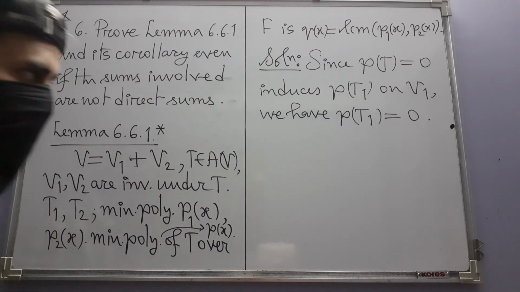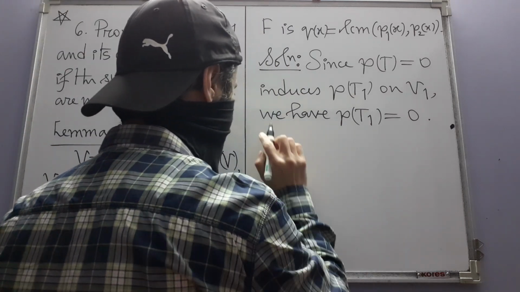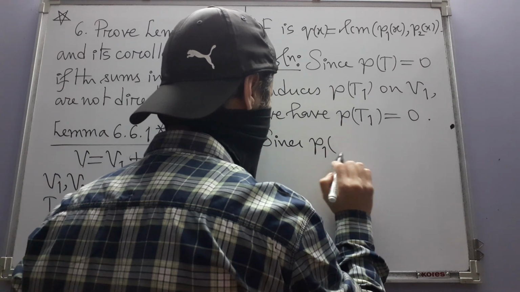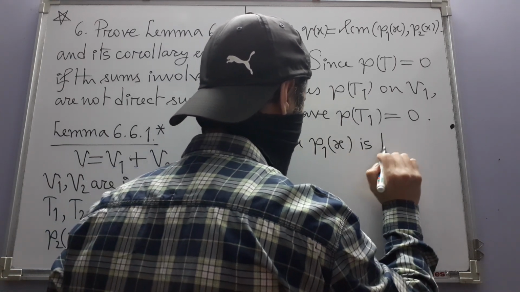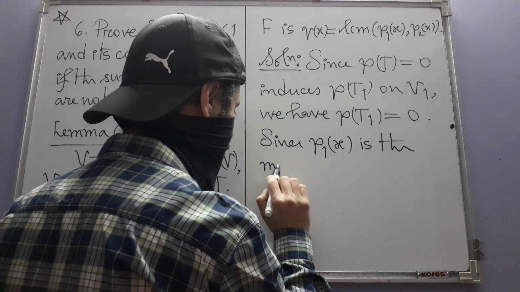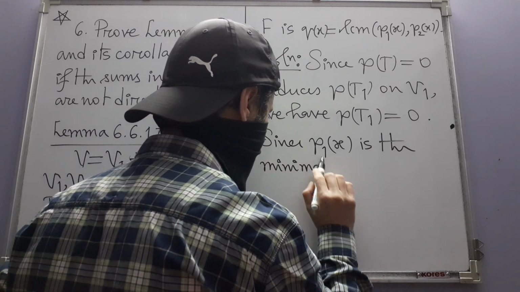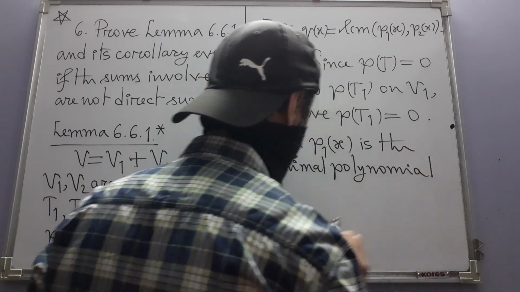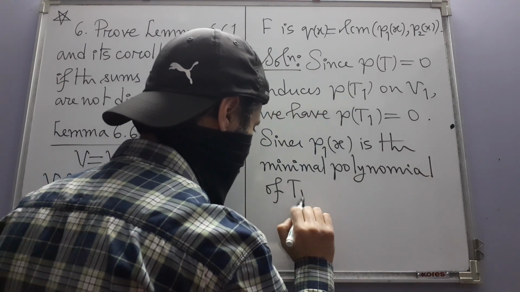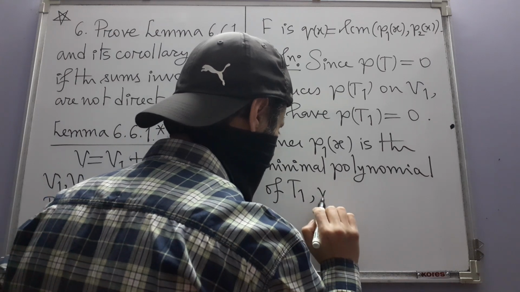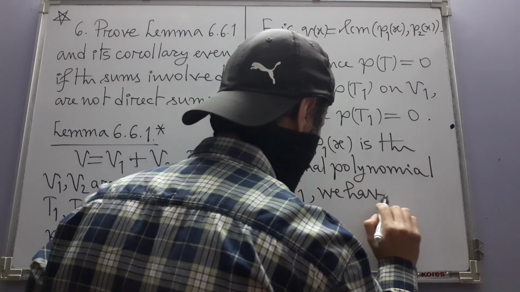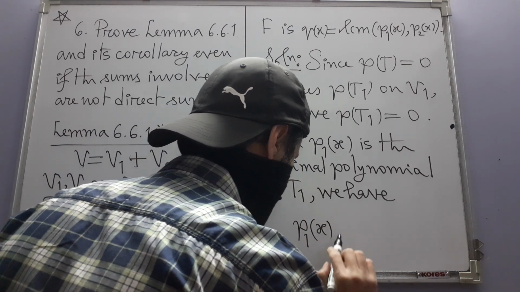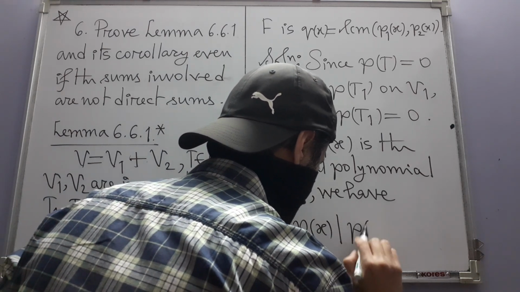And you can in fact write like this, it will become more clear. Since P1 of x is the minimal polynomial of T1, we have this thing, P1 of x divides P of x.